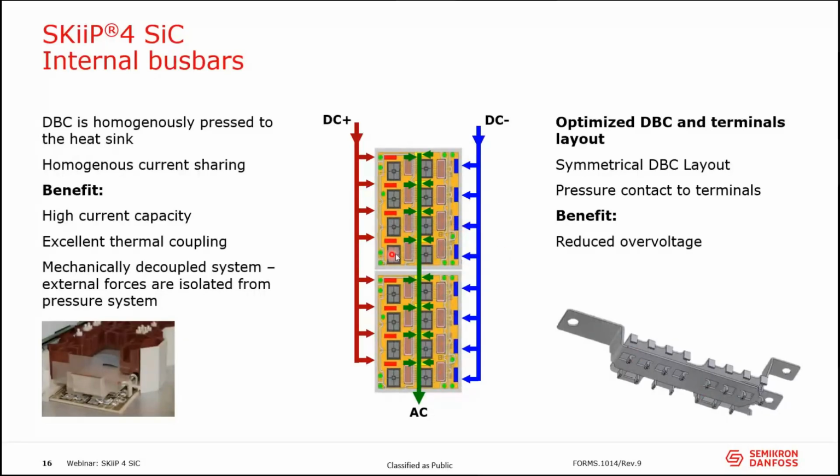Each chip on the DBC has its particular bus bar leg, so that the current sharing in the module is homogeneous and the current paths are quite the same, so that the strain distance is reduced and we have homogeneous current sharing in the whole system. In addition, this is a mechanically decoupled system. That means that if we apply pressure to some part of it, it will not destroy the DBC, the ceramic substrate.